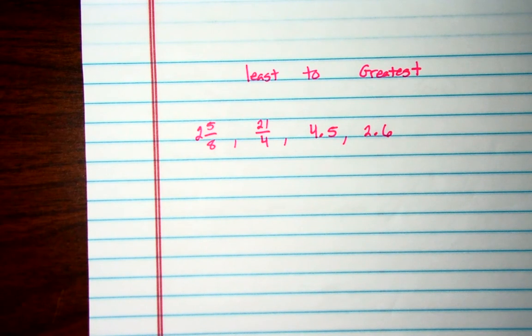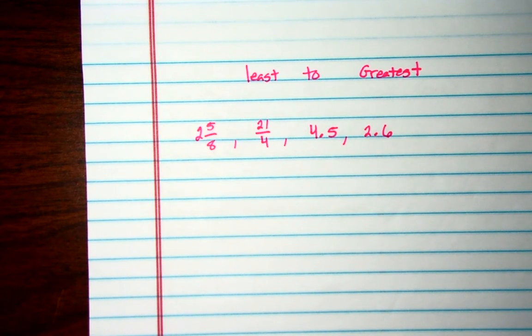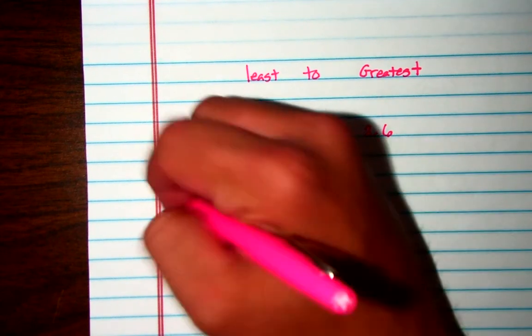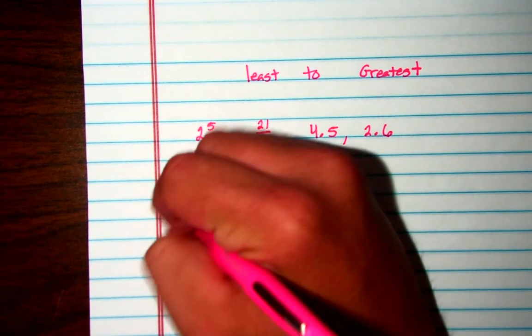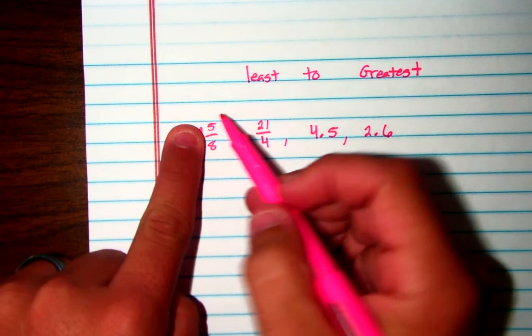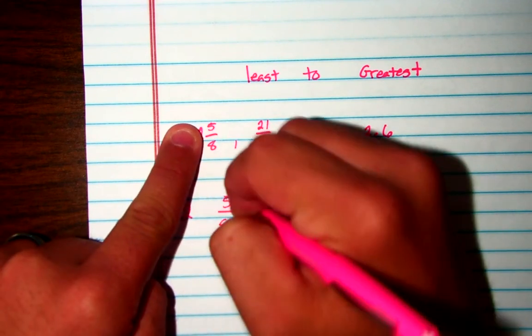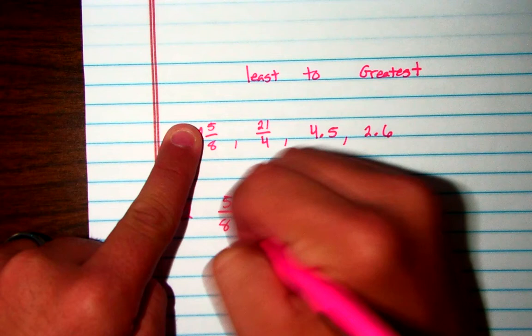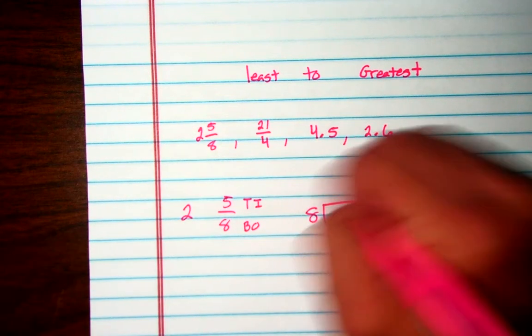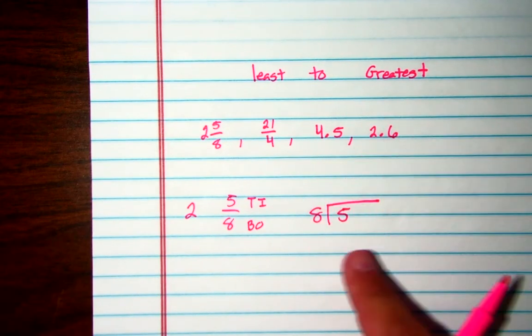Does everyone remember how to convert a fraction to a decimal? To convert a fraction to a decimal, you do math karate known as Tae-Bo, top in, bottom out. So let's see here. We have a whole number of 2. And now we're just going to do Tae-Bo with my fraction. So top in, bottom out. Can 8 go into 5?